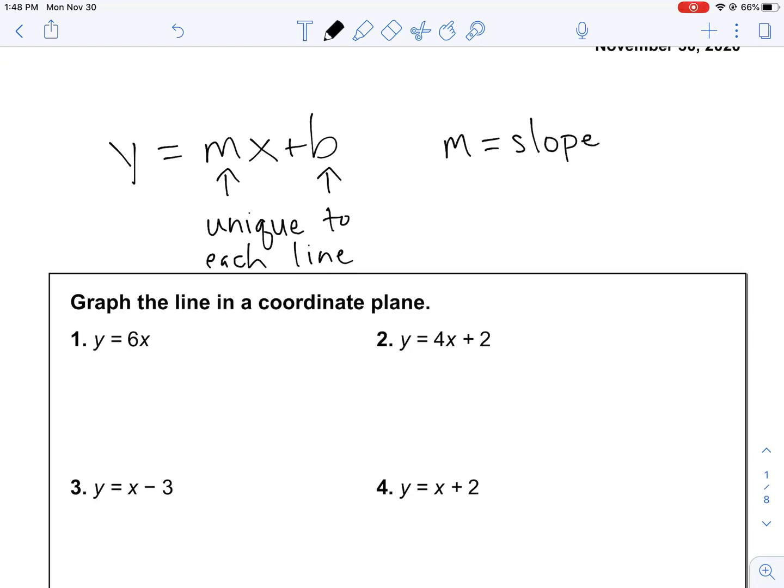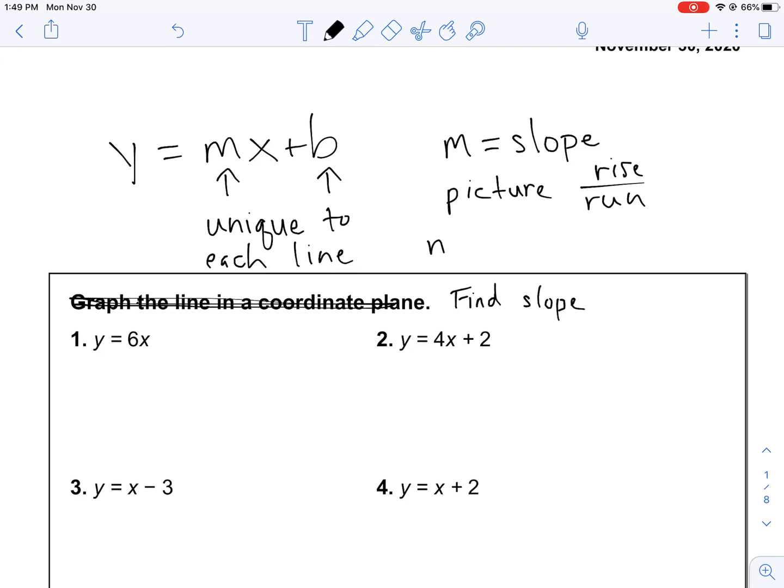Now, we're not going to do graphing in this video, but it's something we'll look at in our next video. So just disregard this for now. And all we're going to do is find the slope. Now, as a reminder, to find slope, if you have a picture, you can use rise over run.